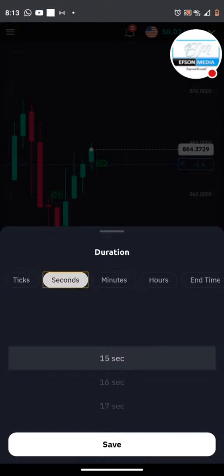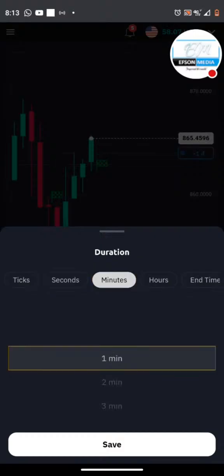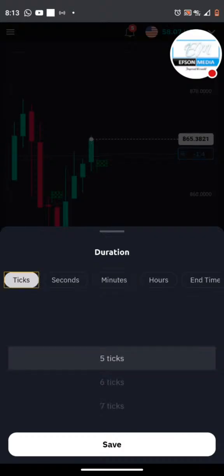You can also try with the 15 seconds, 1 minute. But it's better to just follow the direction. So if it's 5 ticks, you move out. 15 seconds at most. 1 minute or 2 minutes, you should be getting out.